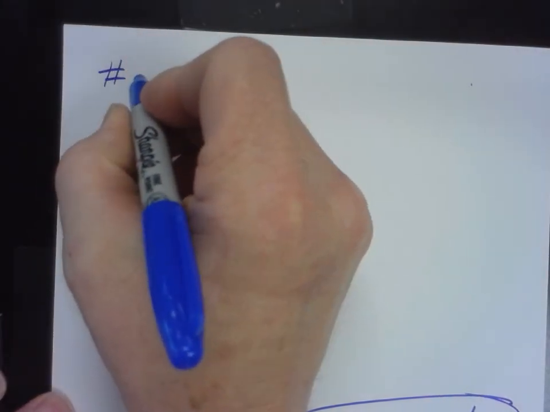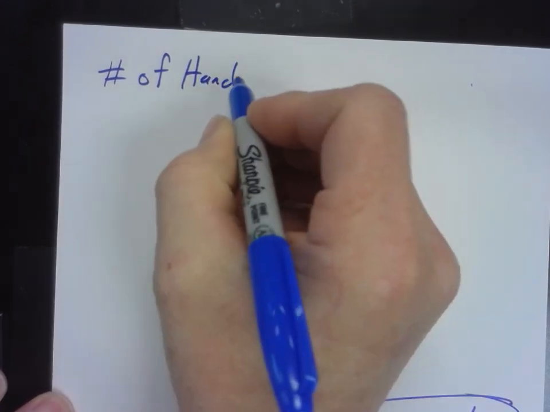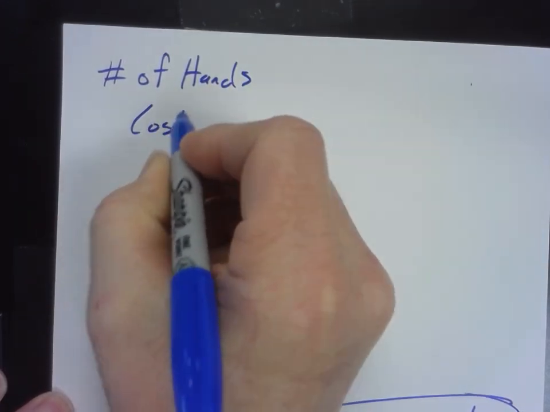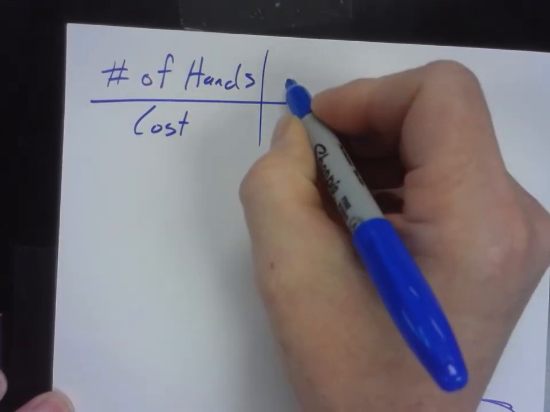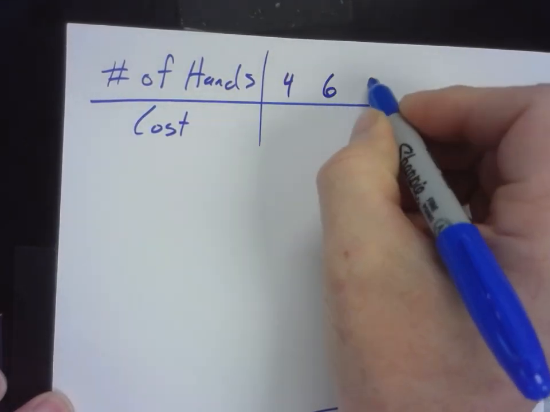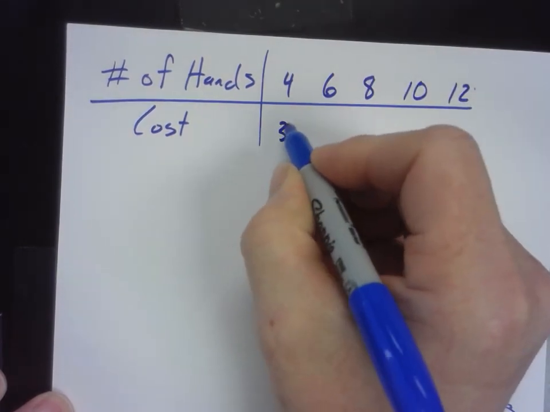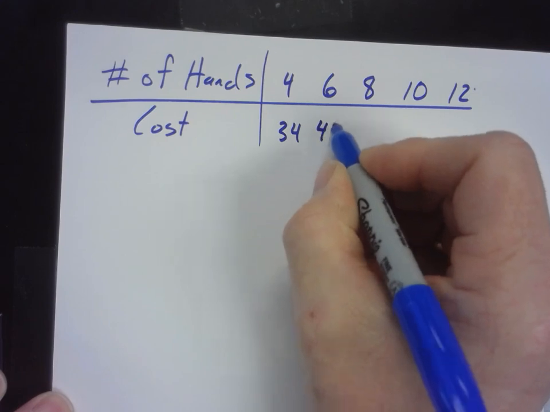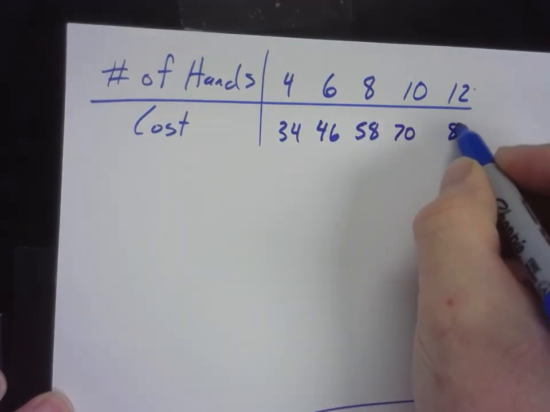So here's the number of hands, and this is the cost. And they just have a table for us. 4, 6, 8, 10, 12, and 34, 46, 58, 70, 82.